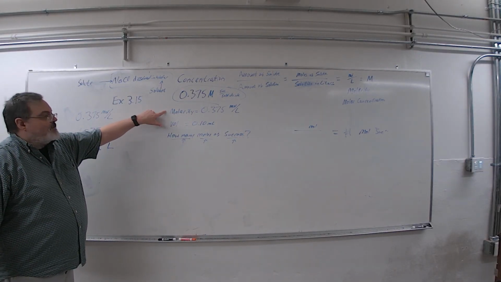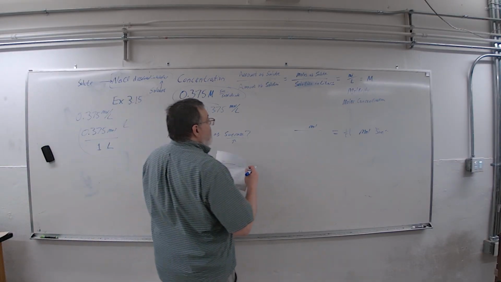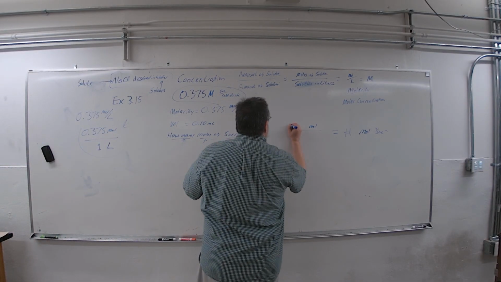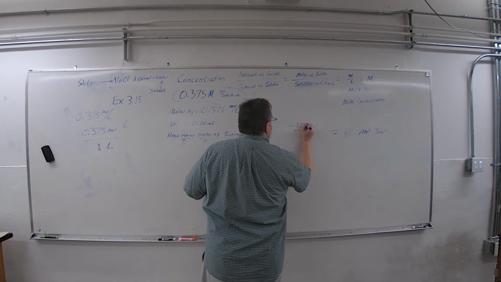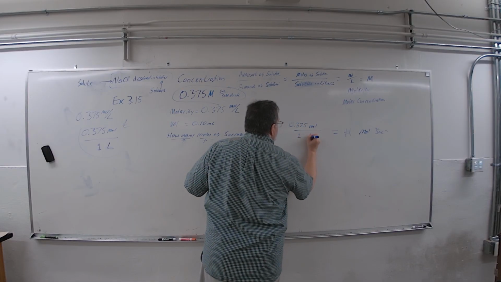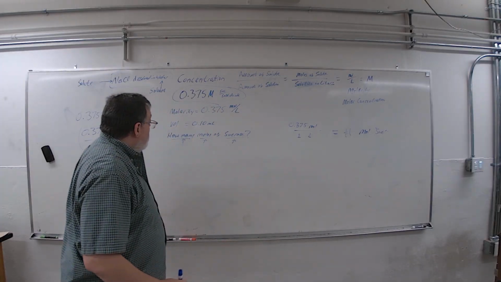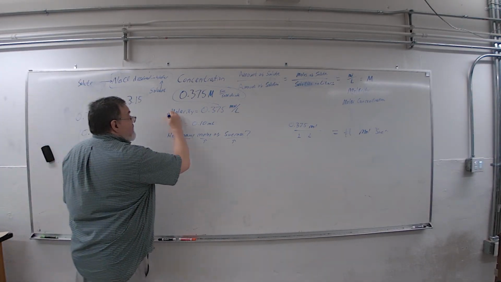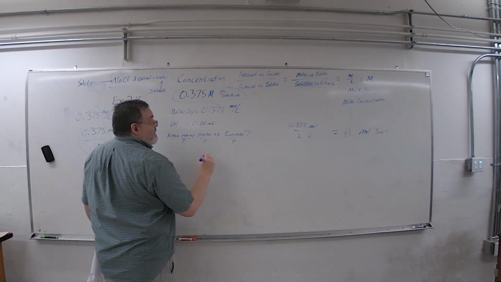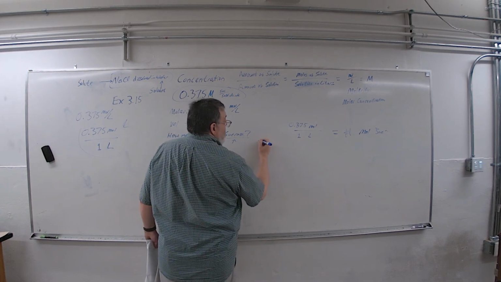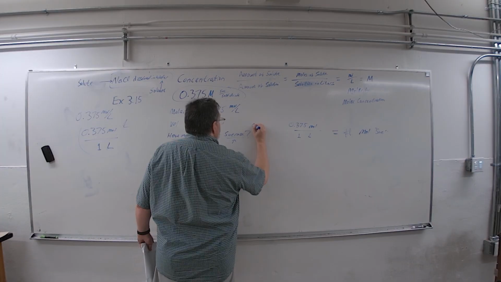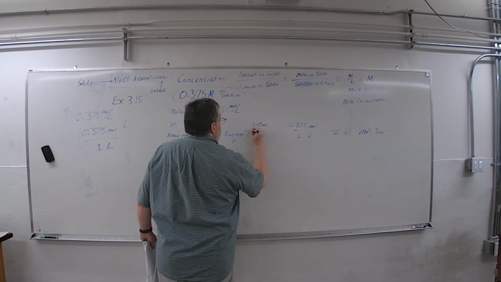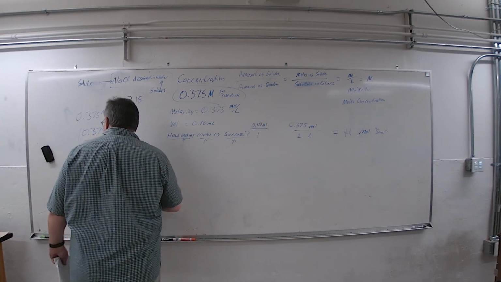So I'm going to take this and make sure moles is on top. That is one. So I've used this. All I have left is this. The volume needs to cancel. I'm going to write this up here, 0.10 milliliters.